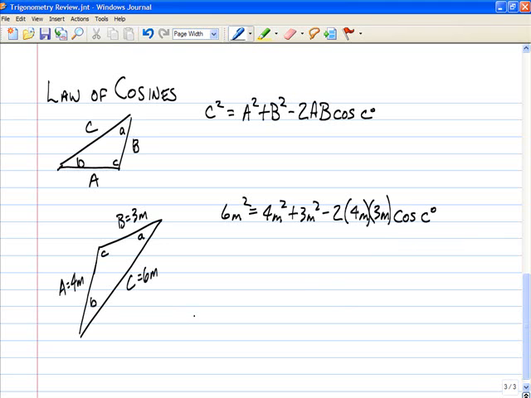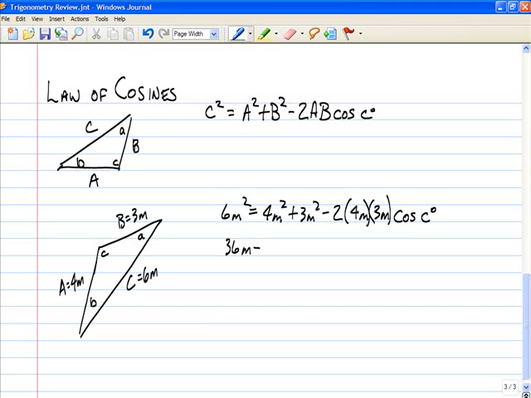Well, let's see. If we take and get these out of here, we can move these to the other side of the equation. So 6 meters squared is going to be 36 meters.